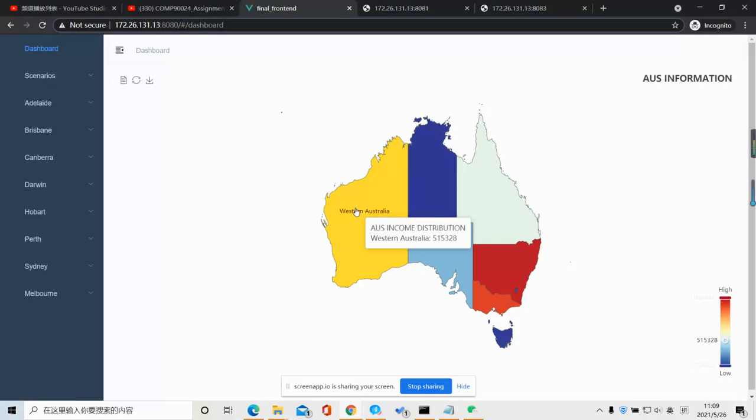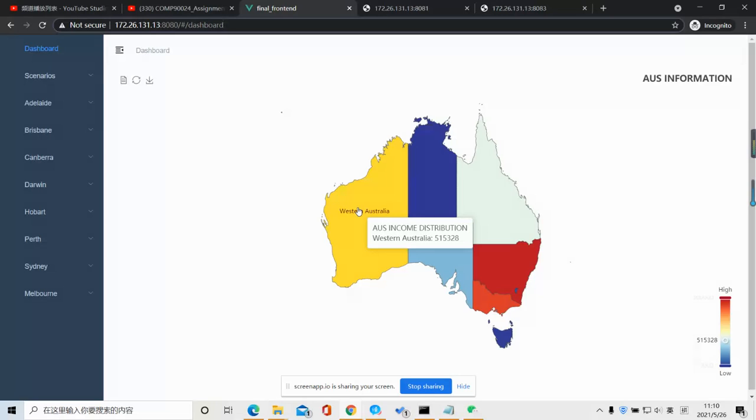Because we want to discuss some topics and the relationship between these topics and the income level of different areas, we display the income data of different states we collected from Orin.